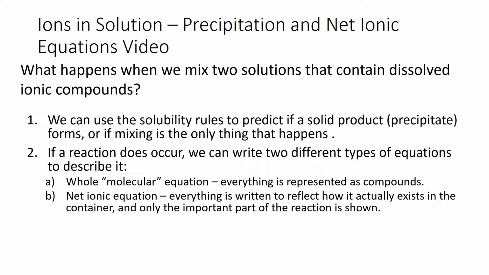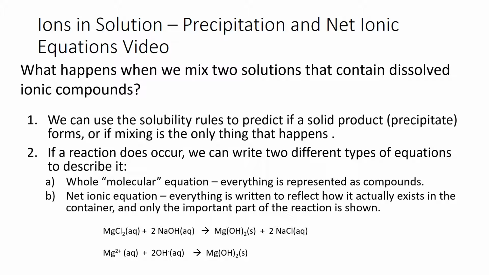As an example, magnesium chloride and sodium hydroxide makes magnesium hydroxide, and there's still sodium chloride in the solution. And the net ionic equation for that just shows the important part. That's magnesium ions coming together with the hydroxide ions to form the magnesium hydroxide. We'll see how we can do these in that video.